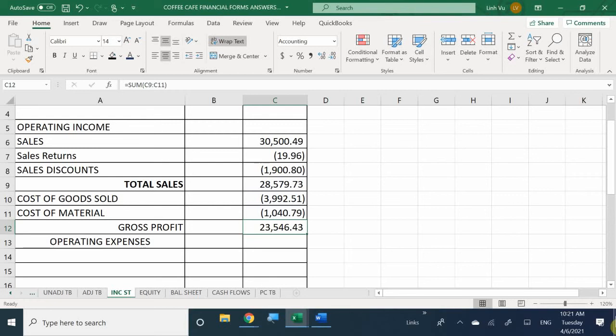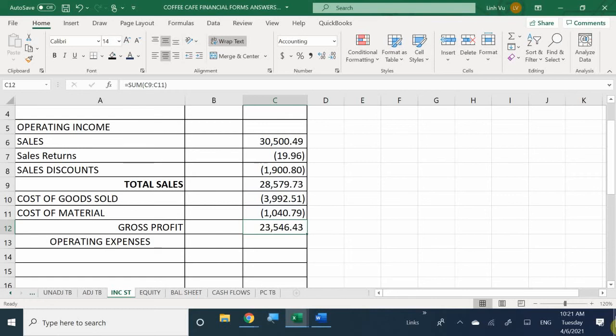Sorry, I heard wrong. I heard the last digits, 3, 5, 4, 6, 43. So that is the total amount of generated income from just pure sales and countering against my actual cost of goods sold, which is directly correlated to my inventory.